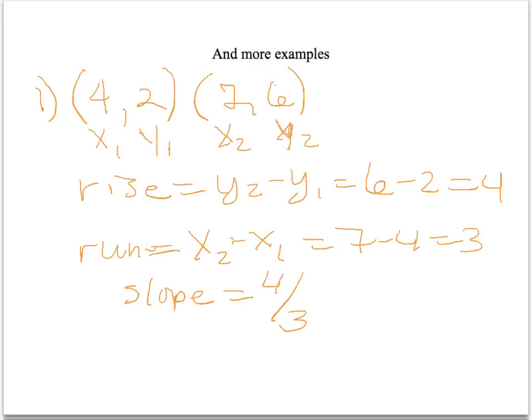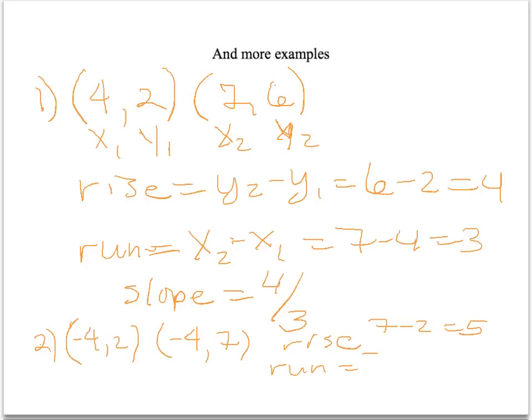I'm going to do one more. What if I gave you the line -4, 2, and -4, 7? Well, let's see, my rise is 7 minus 2, or 5, and my run is -4 minus -4.